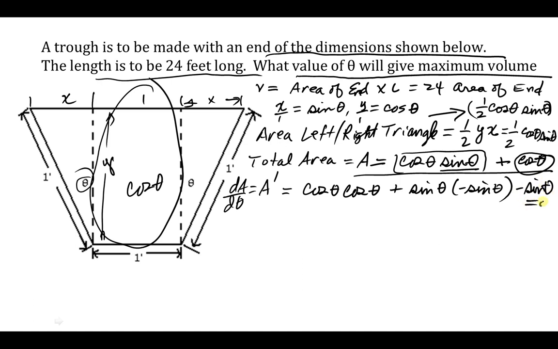And we want to set all that equal to 0. So now A prime is equal to cosine squared theta minus sine squared theta minus sine of theta.